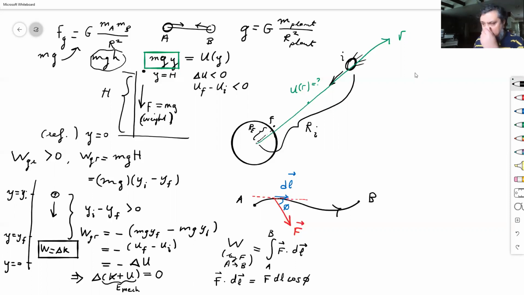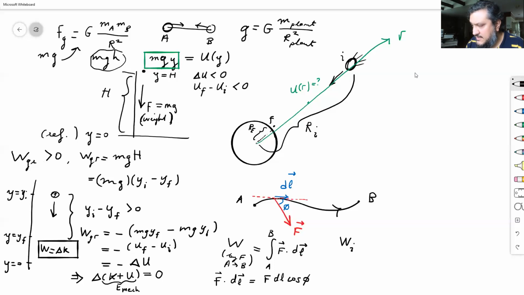All right, so for this problem of a falling object, well, the force is a constant, but if you apply this formalism here, we call these I and F, right?